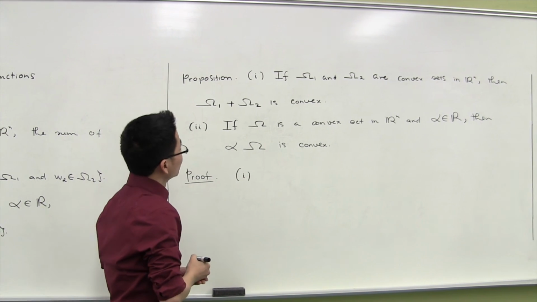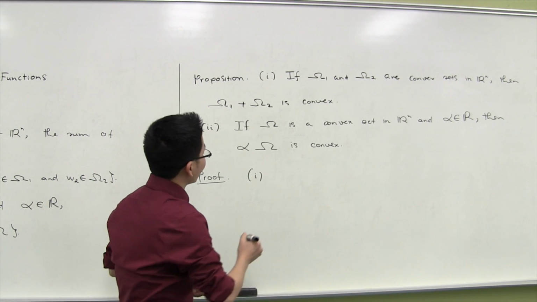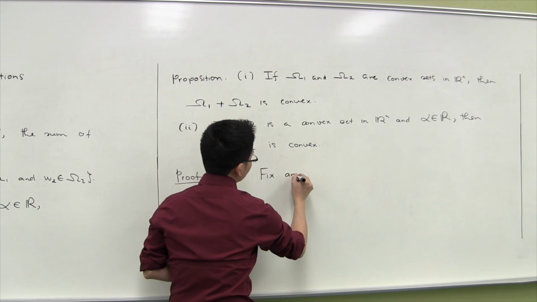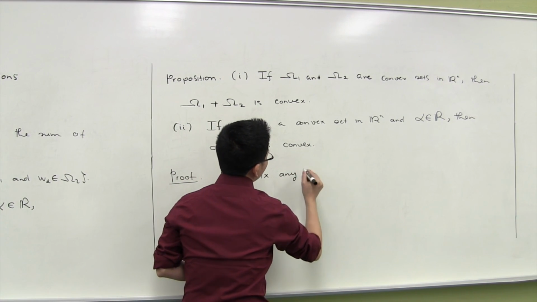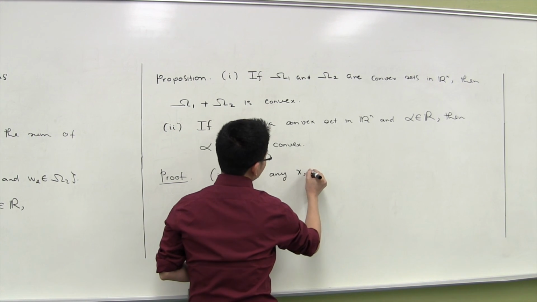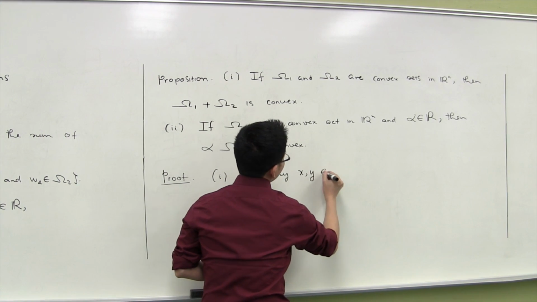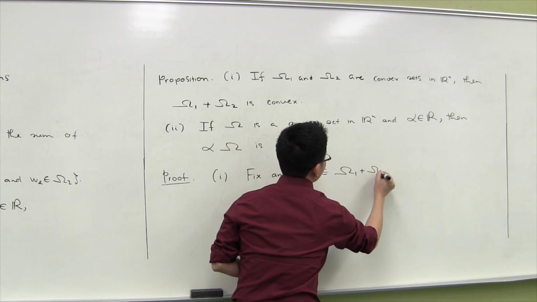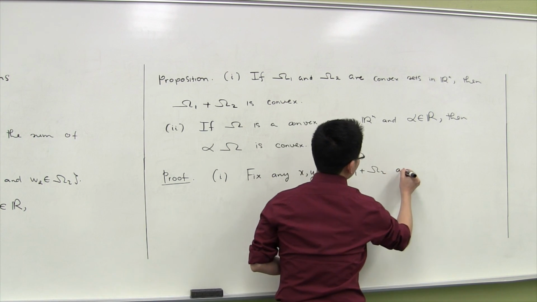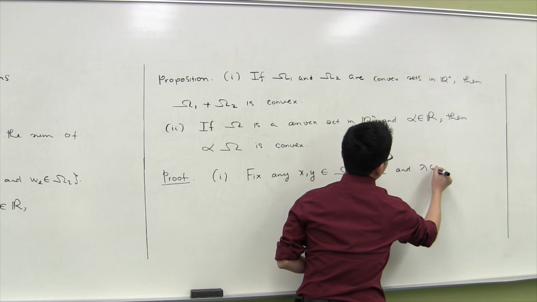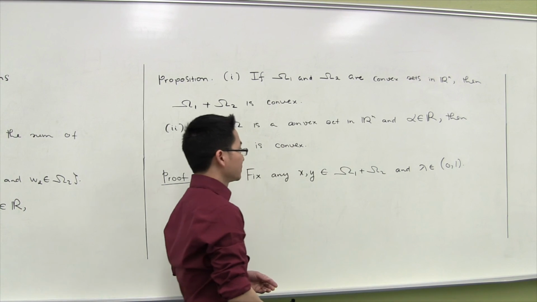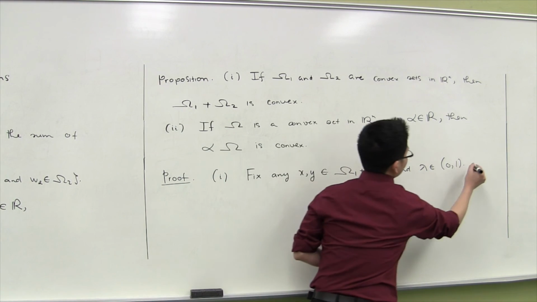In order to prove the first part, I'm going to fix any x and y in the sum of omega 1 and omega 2, and lambda a real number in the interval 0, 1.